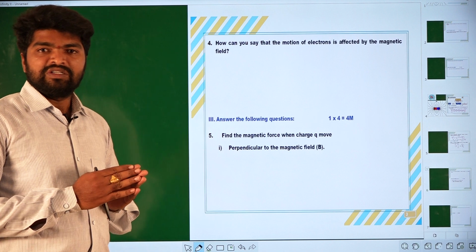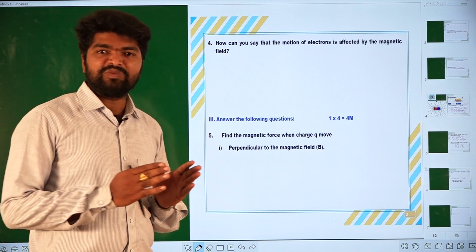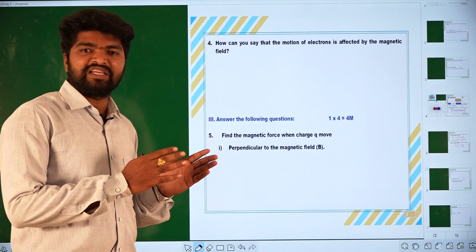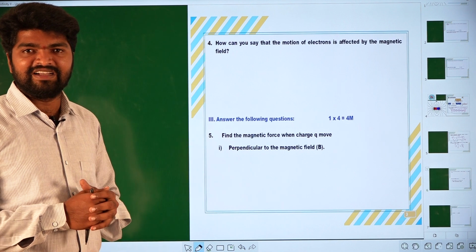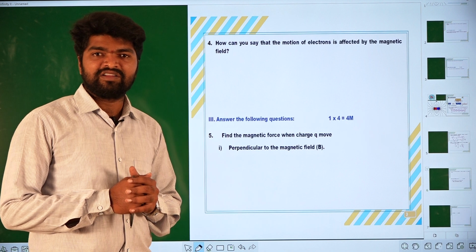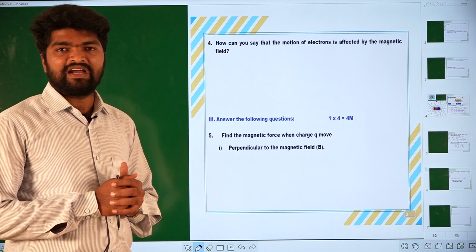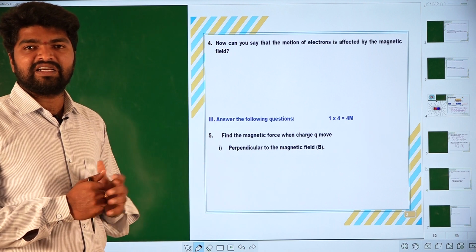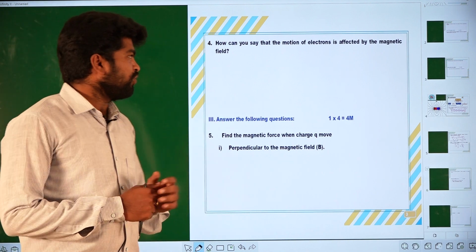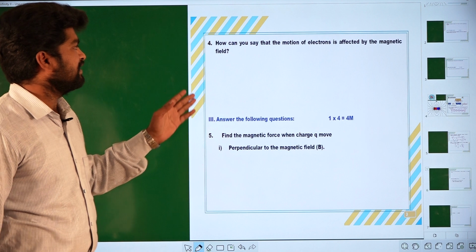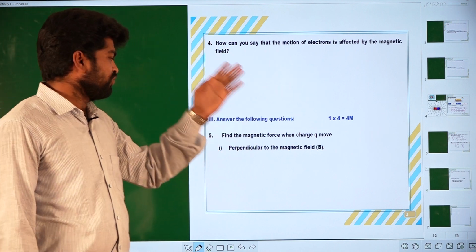Near the screen, as they are in motion, when a bar magnet is brought nearer, the charge is in the presence of a magnetic field, so it is affected. How can we say that it is affected? By observing that the picture of the TV gets distorted.